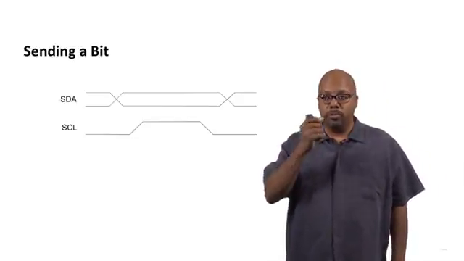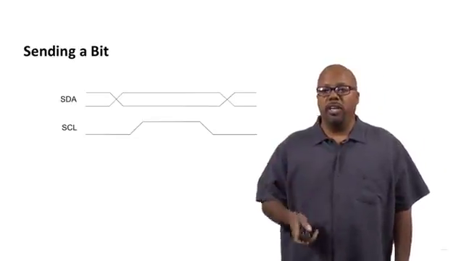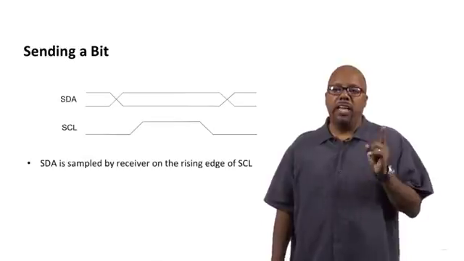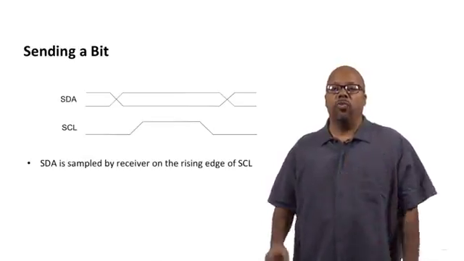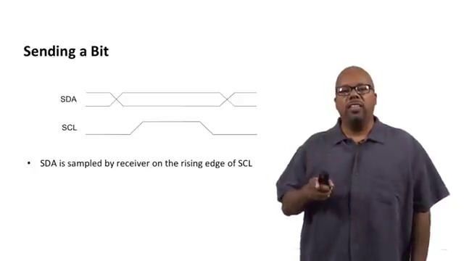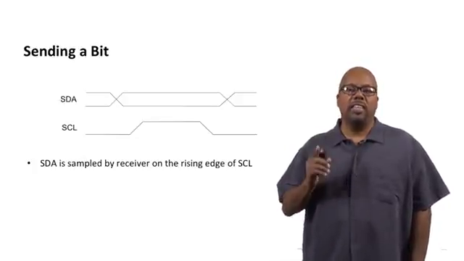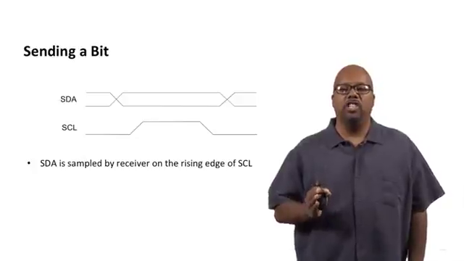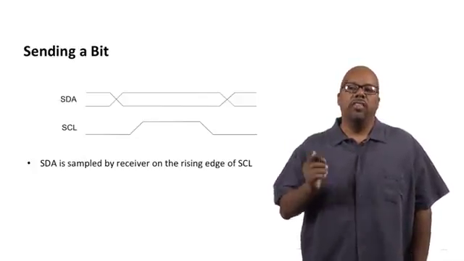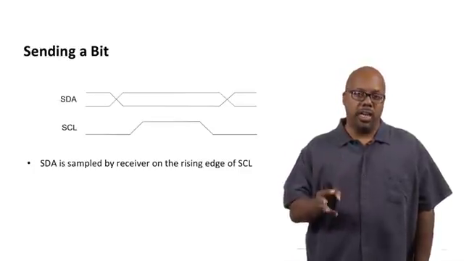So all this diagram is trying to say is that, say you want to send a bit, right, 0 or 1. So you put that on SDA. But SDA is sampled by the receiver on the rising edge of SCL. So the value of SDA that matters is the value that SDA has right when the clock edge is going high. So you see that where the SCL line goes from 0 to 1, the value of SDA at that time is what counts.